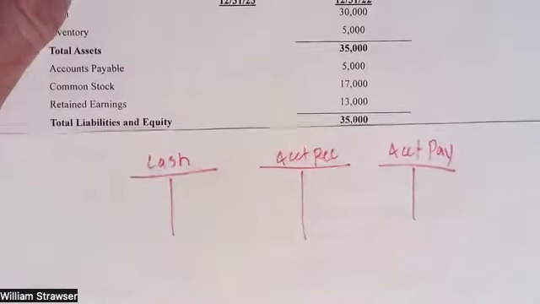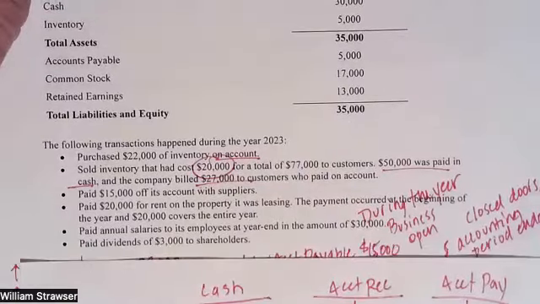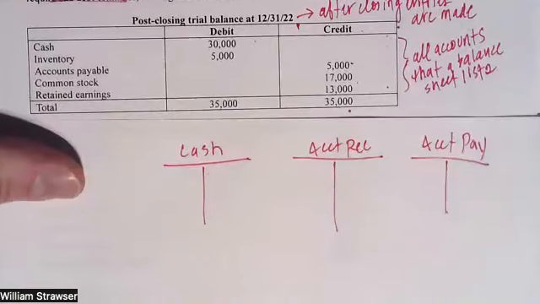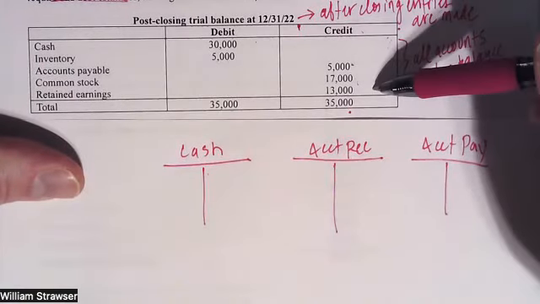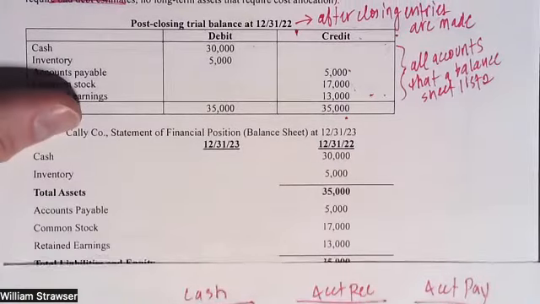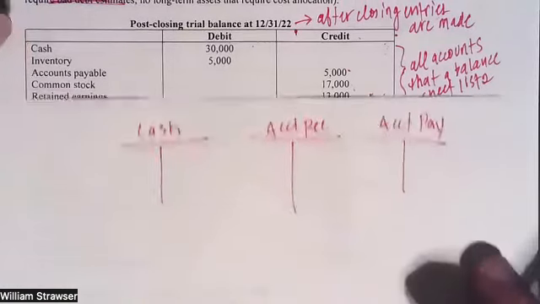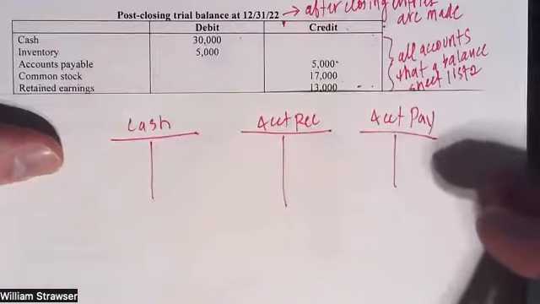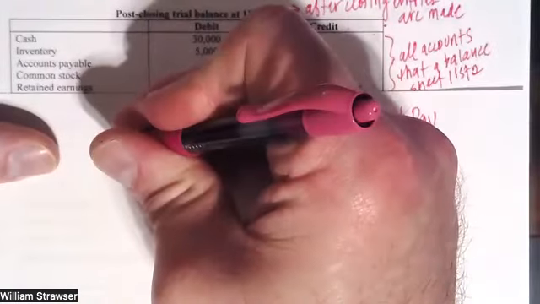For each of these, they have a beginning balance, and their beginning balance is where they ended the prior year. So you could take that information from the balance sheet. You could take that information from the post-closing trial balance. Here, it's already broken out into debits and credits. And so I'll just take it from here. Cash started at 30,000.